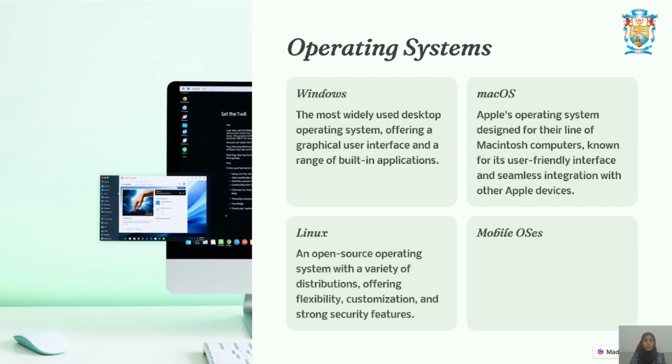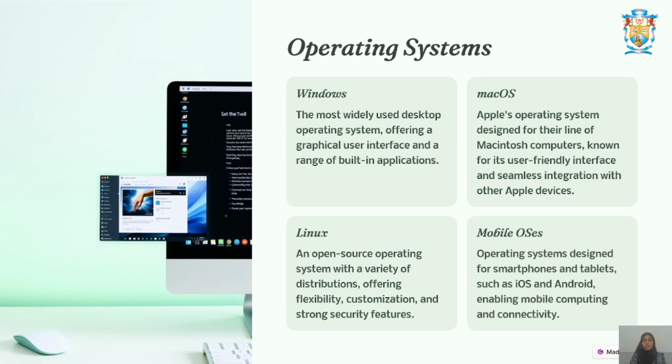Linux, an open source operating system with a variety of distributions offering flexibility, customization and strong security features. Mobile OS, operating systems designed for smartphones and tablets such as iOS and Android, enabling mobile computing and connectivity.